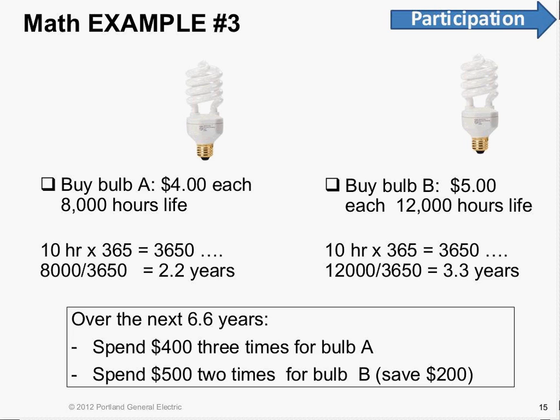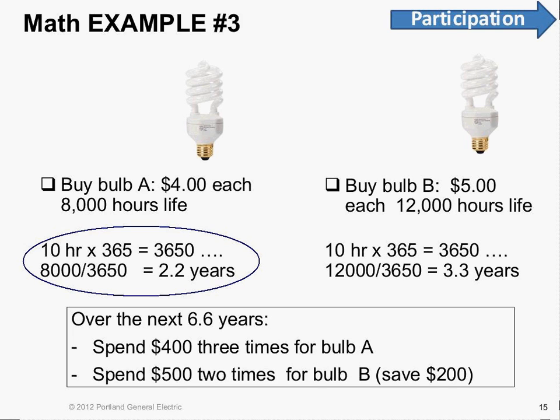I know, for example, I'm using this bulb 10 hours a day every day. It's on the whole year, so I have 3,650 hours in a year that I'm using this bulb. Well, the 8,000-hour bulb divided by the 3,650 means that bulb is going to last 2.2 years.